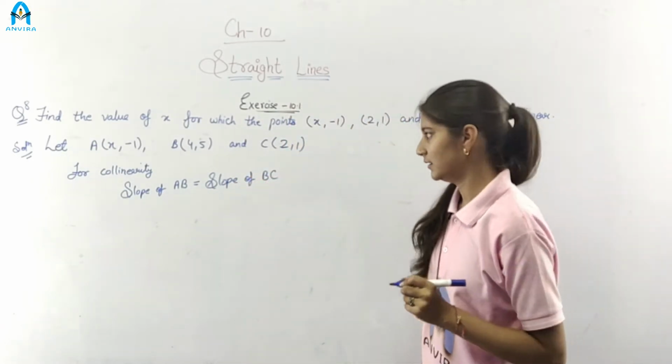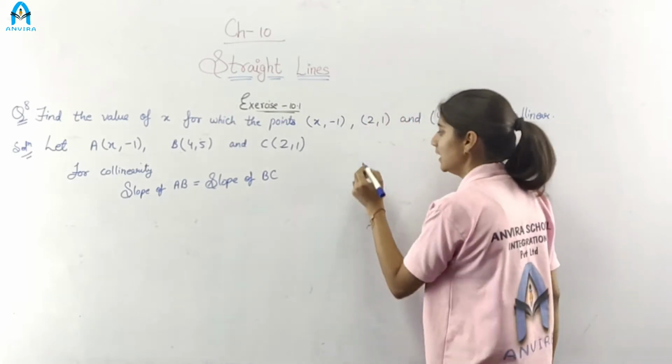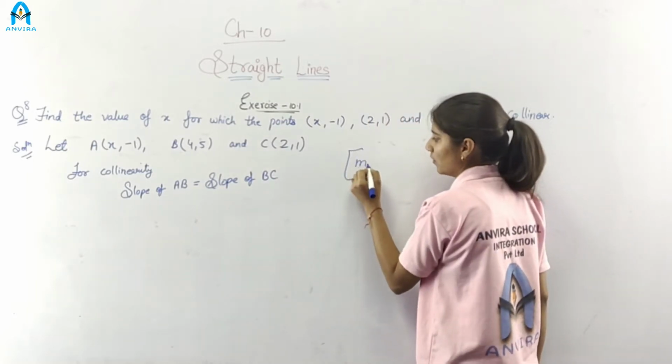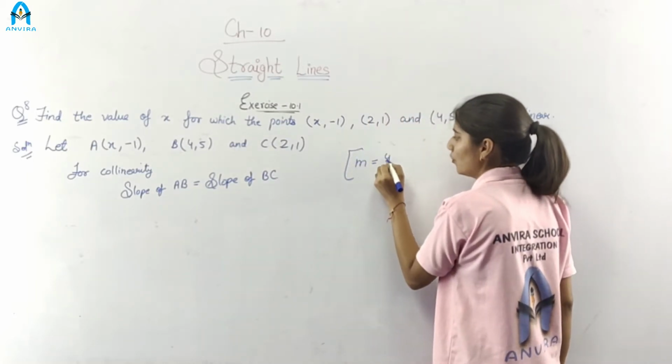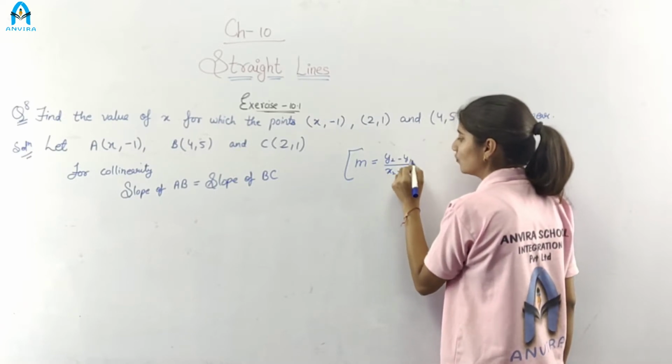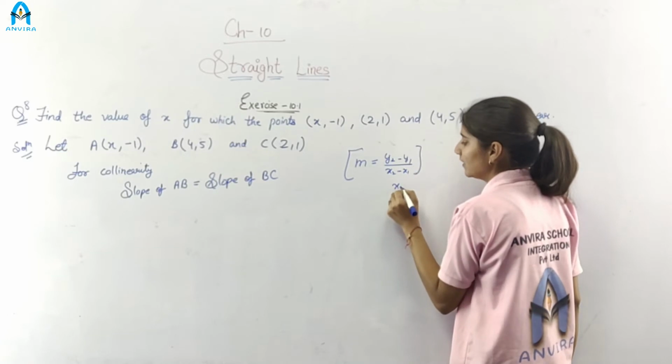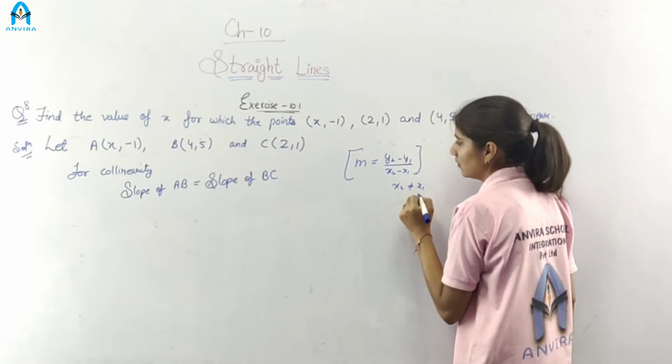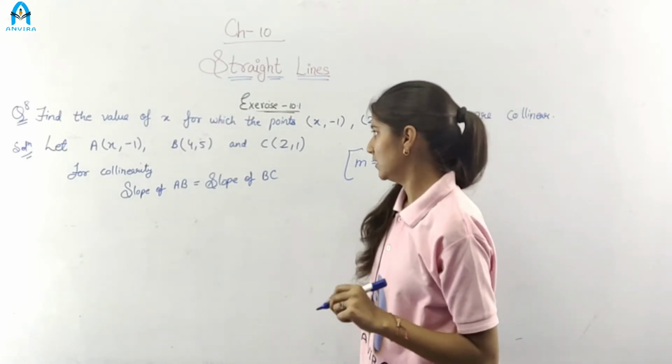So let us find the slope. As we know, slope is given by the formula m equals y2 minus y1 upon x2 minus x1, where x2 and x1 are not equal to each other.